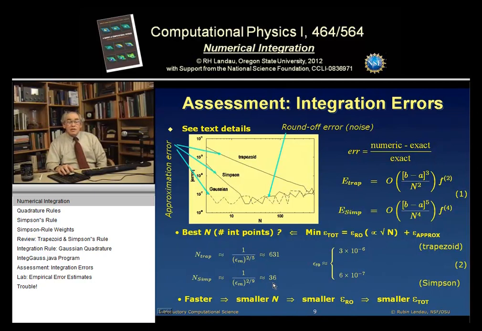It's more accurate because it doesn't do as many calculations. Because it's faster, it doesn't have to have as many steps, so there's less chance for round-off to accumulate. So in 36 steps, it gets roughly 10 times better an answer than the trapezoid rule using 600 steps. Okay? So the smaller round-off error is what's very important.